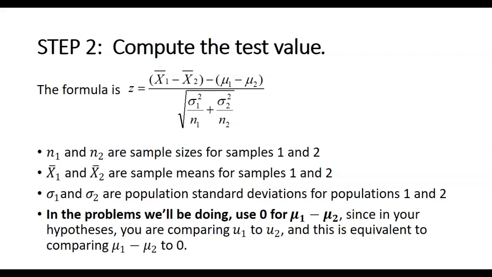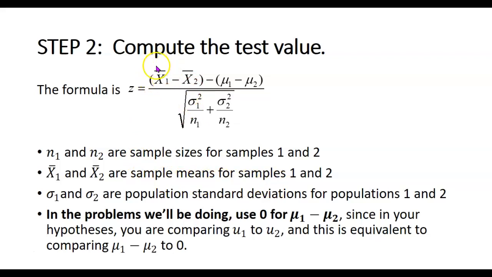Like you could have 30 men and 25 women, or whatever. So the two n's stand for how many individuals are in your first sample and how many are in your second sample. The x bar 1 and x bar 2 are the sample means for the two samples.